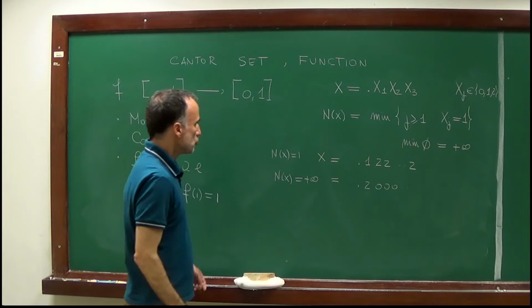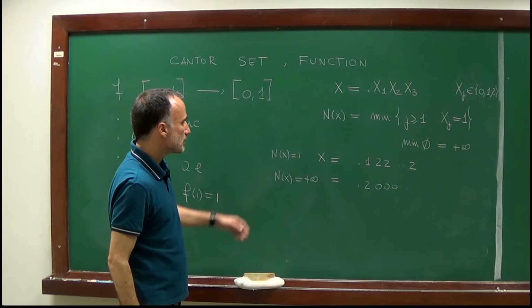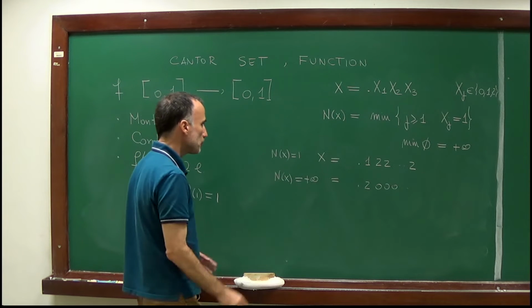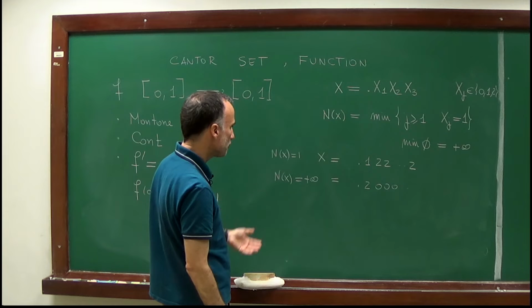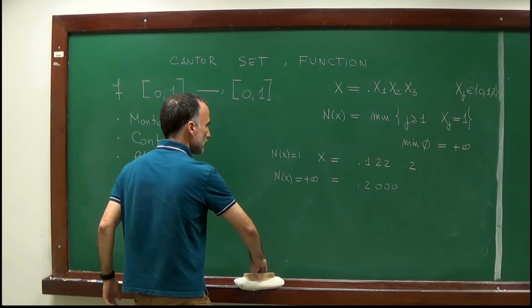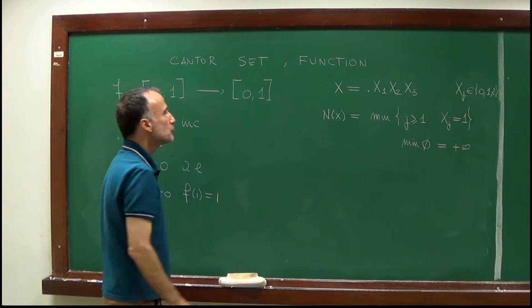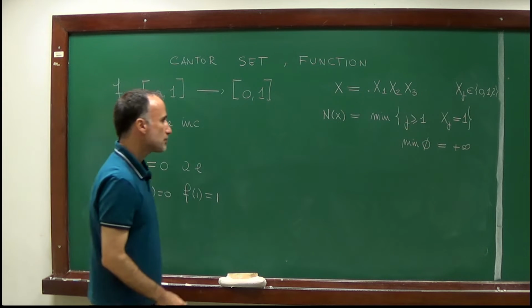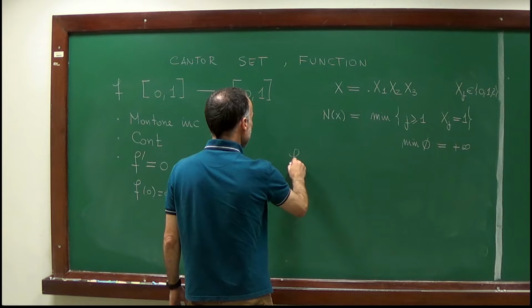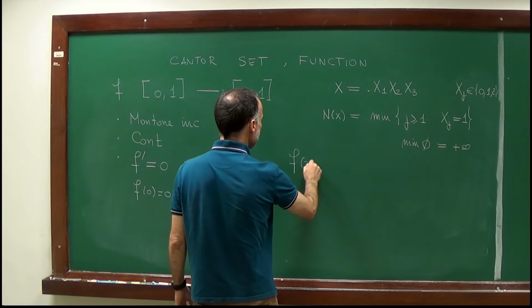Right? So whenever I use nx in a definition, I have to be careful to show that the object I'm defining is well defined. And I want to use nx to define the function. So here's the definition of my function.